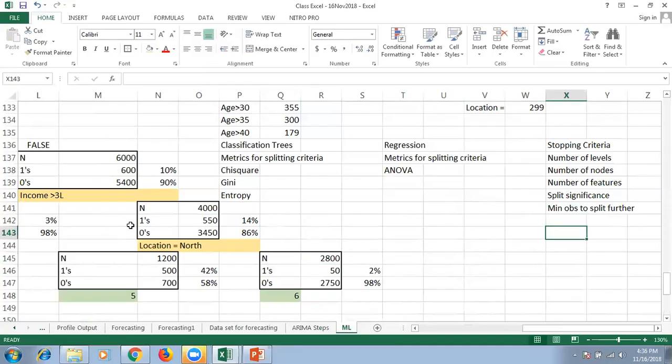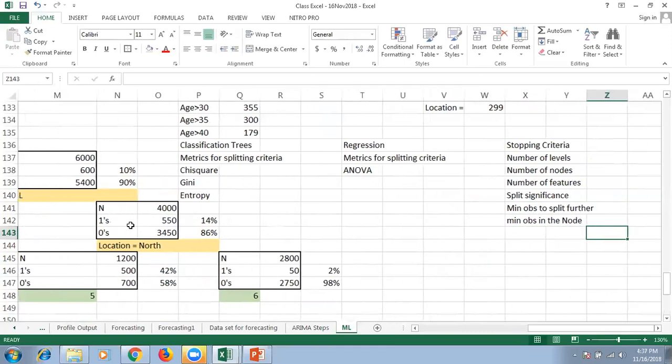And min-obs in the node. What is min-obs in the node? If I keep min-obs in the node as 200 observations, what does it mean? When you are splitting, a split can happen with even one observation. Suppose you have 2800 observations. When you do the split, one split could have 5 observations and the other 2795 observations.